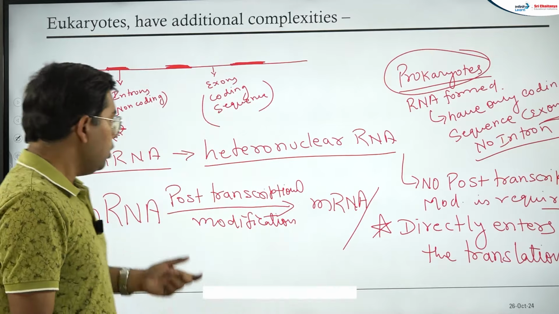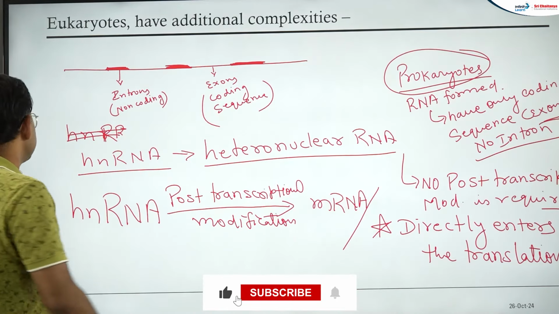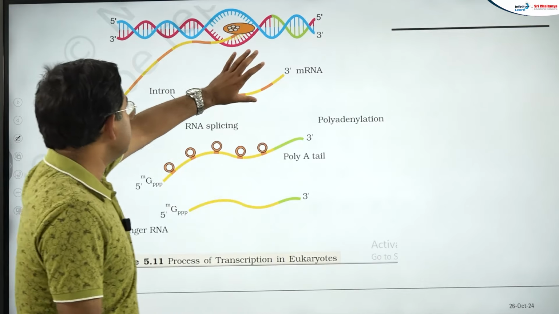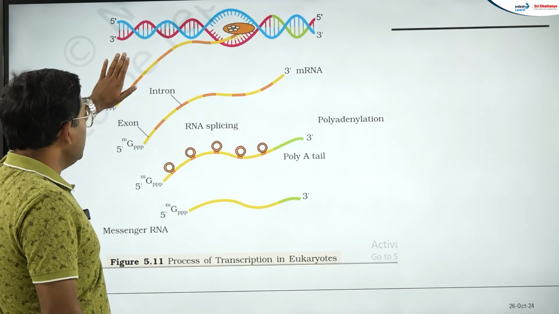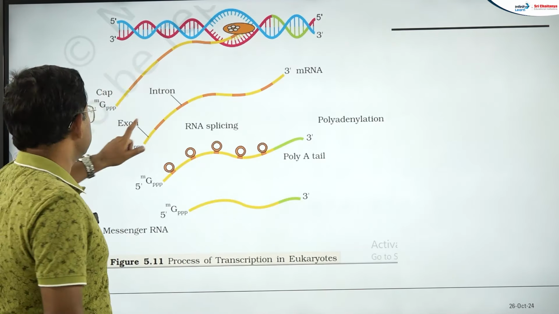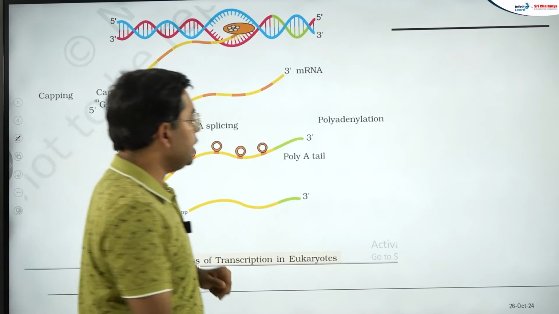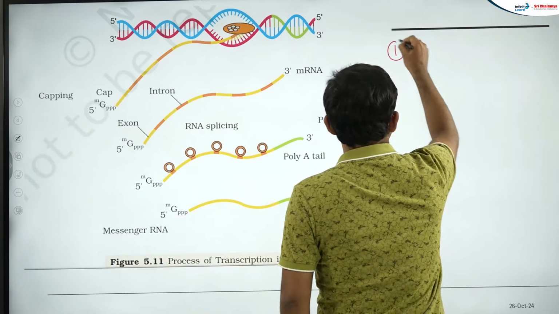Now what are the post-transcriptional modifications that we will see? Let's say this is the hnRNA which is formed. Here broadly 3 modifications take place.